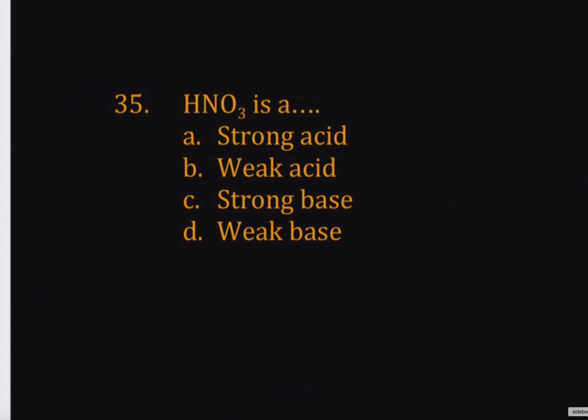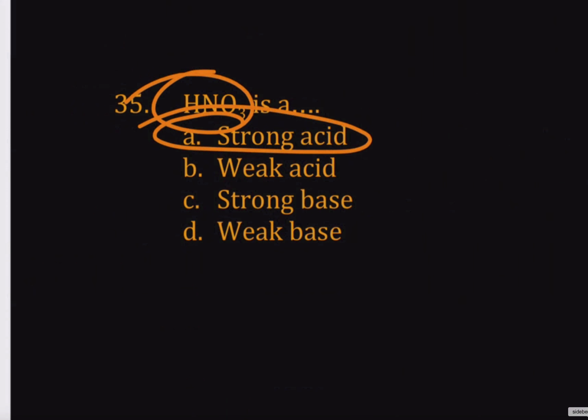And what type of acid is HNO3? You have to look up, there's a handful of acids that are called strong acids and the rest are called weak acids. You need to look up what the strong acids are. There's only a few of them. Nitric acid happens to be classified as a strong acid.